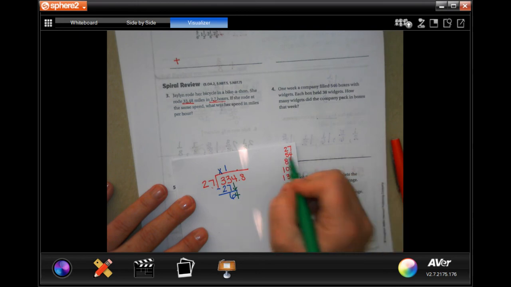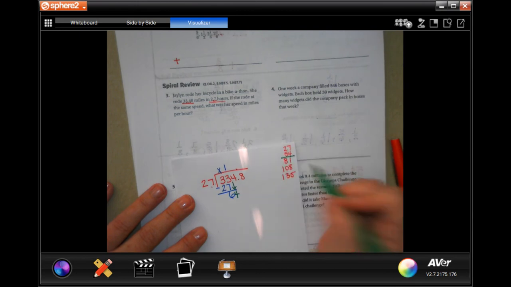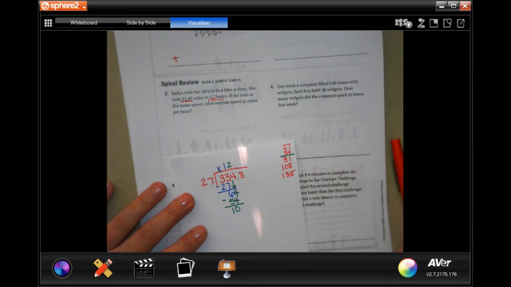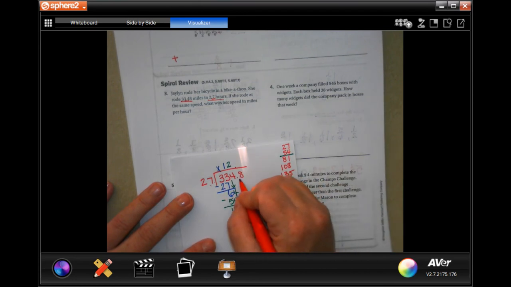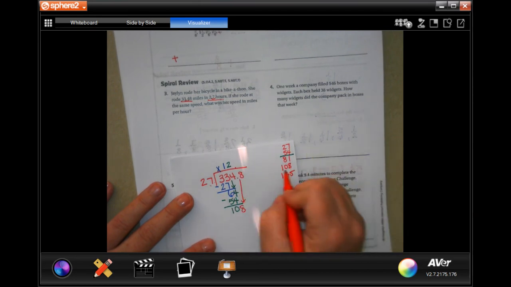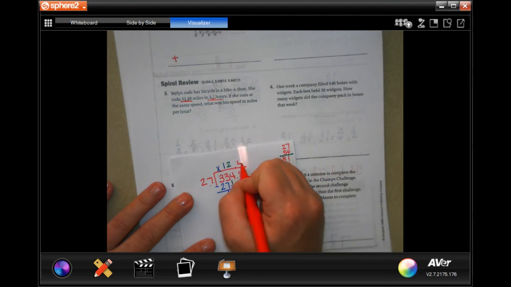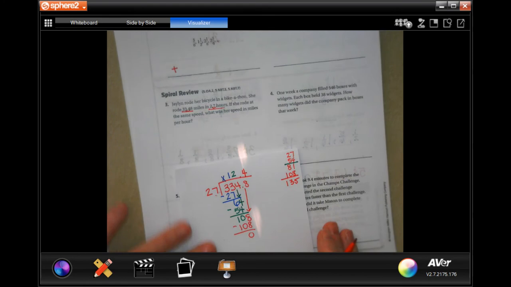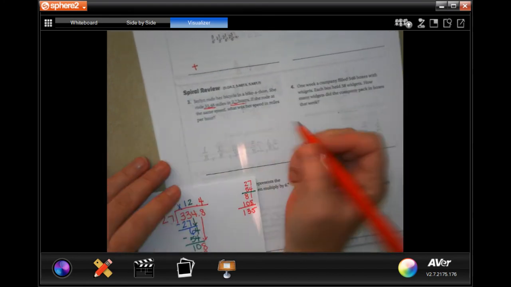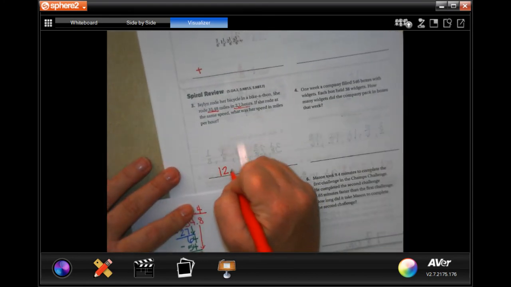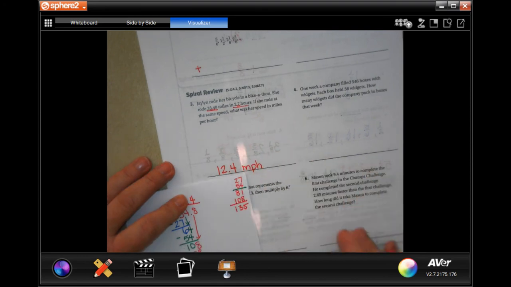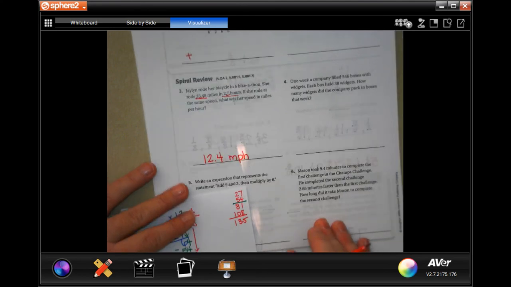That is going to go in twice for 54. Subtract, I get 10. Now 10 is definitely smaller than 27, so I can bring down my 8, and 108 is 4 times. 4 times 27, 108. So 12.4 miles per hour.